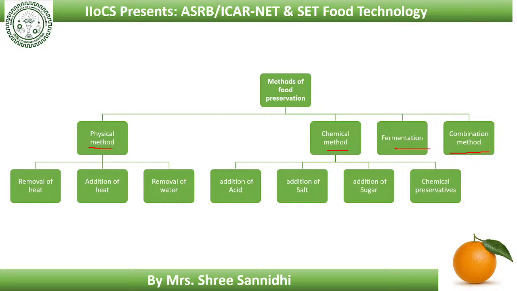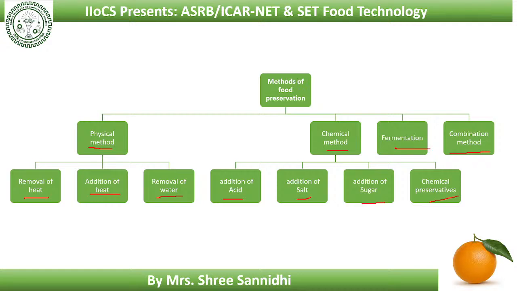In physical method, we can remove the heat from the food or add heat or remove the water to preserve the food. In chemical method, acids, salt, sugar or chemical preservatives are added to the food to preserve the food.